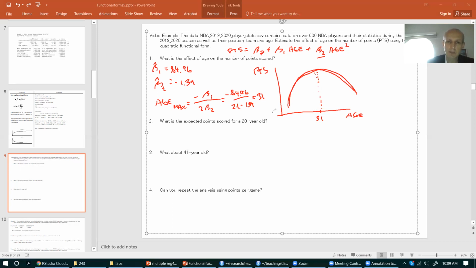Okay, what is the expected score or expected points scored for a 20-year-old? So we can certainly calculate that. So expected points given that age equals 20. You can just plug that into our equation. So we need beta 0 plus beta 1 times 20 plus beta 2 times 20 squared, which is 400.